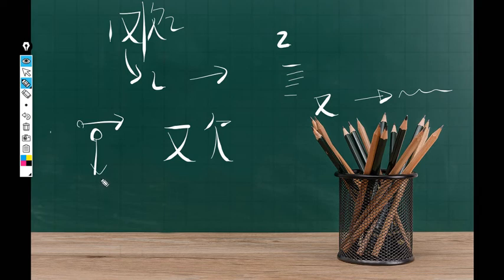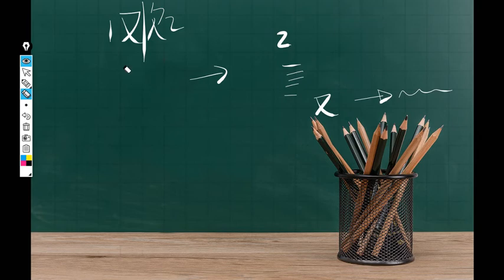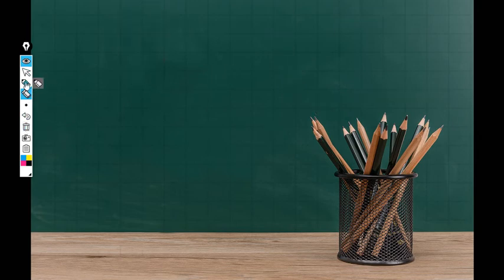We talked in one of these videos about another very, very common character, which is when we talk about Hui, Hui Jia, which means going back home.